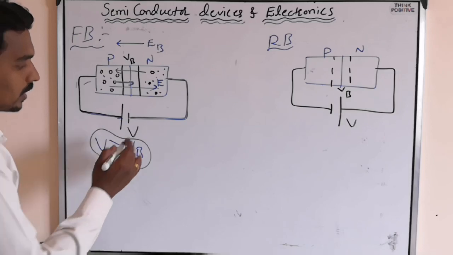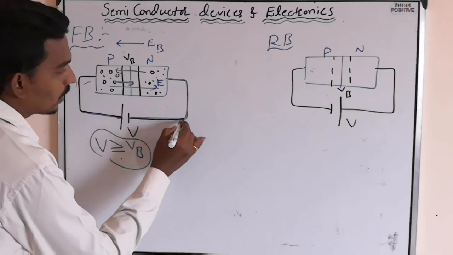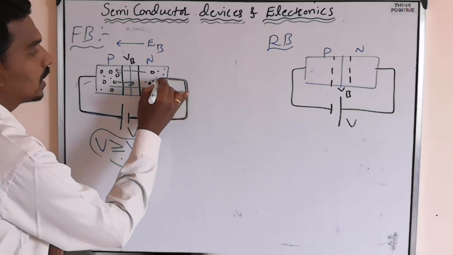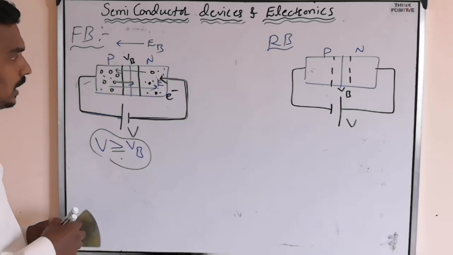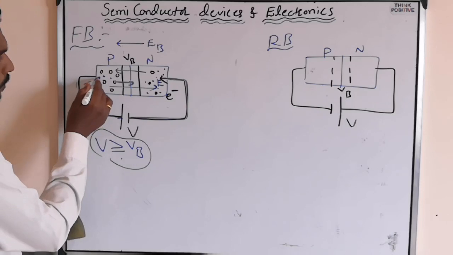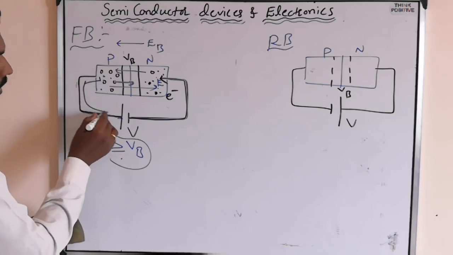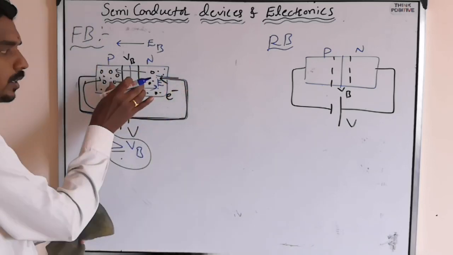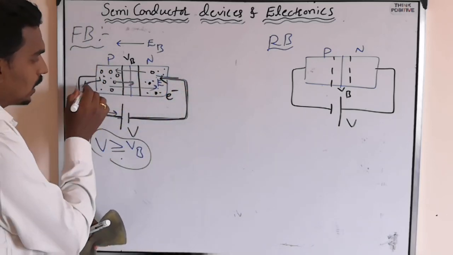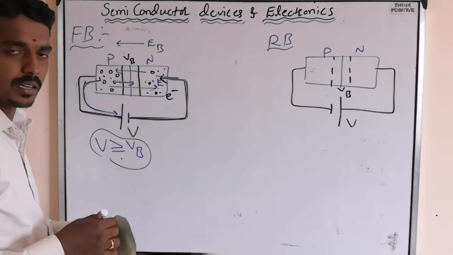So what happens is one electron from the negative terminal enters the material, and one electron from the p-type enters the battery. So here one electron entered the junction diode, and here one electron came out of the junction diode.